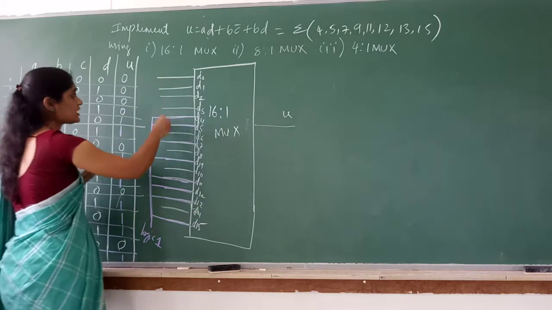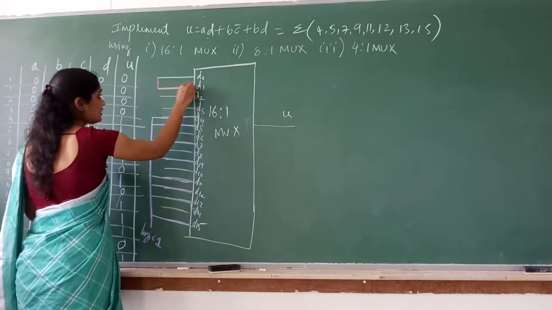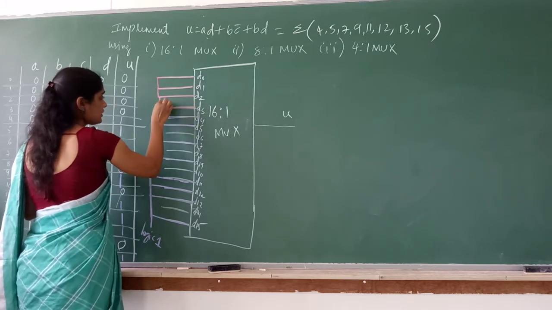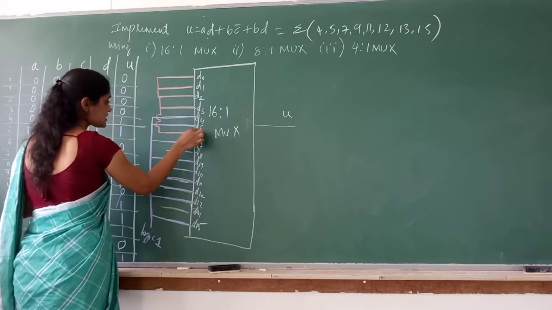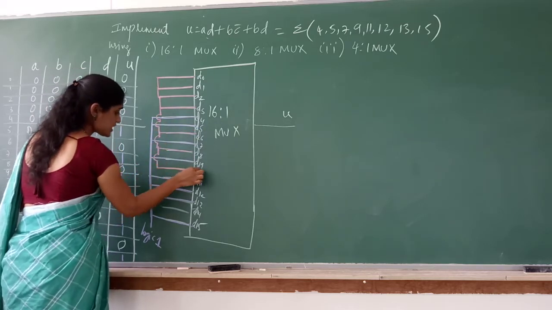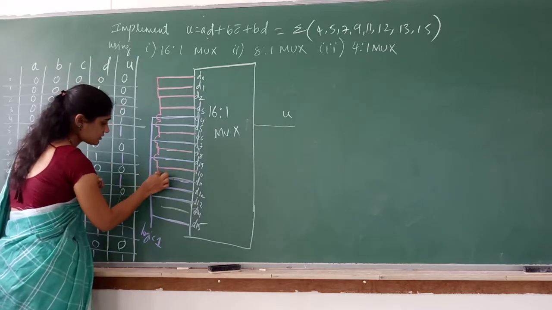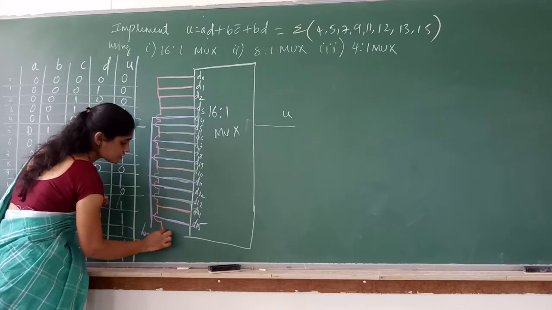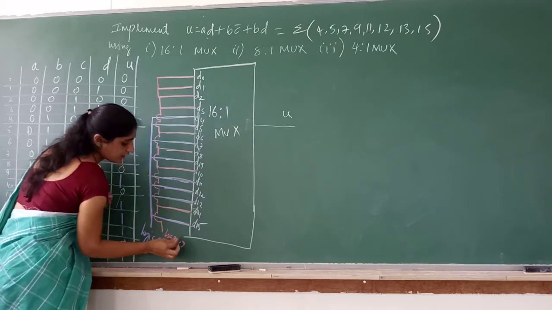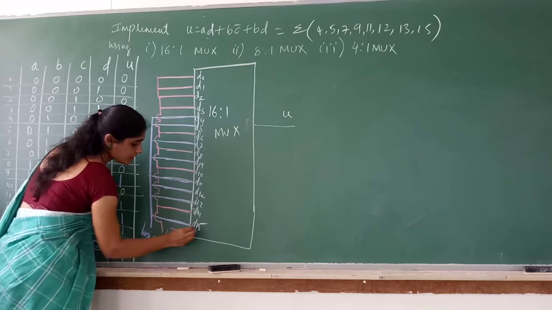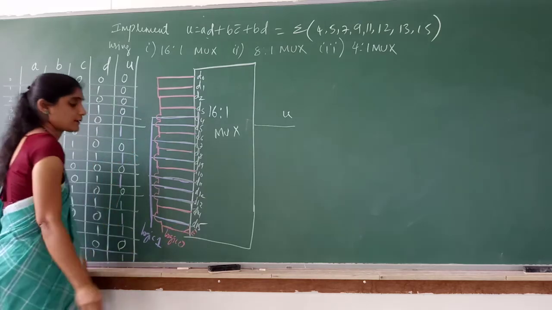Other input lines D0, D1, D2, D3, D6, D8, D10, D14, connect these to logic 0, and don't forget to connect the enable input to logic 0 again.